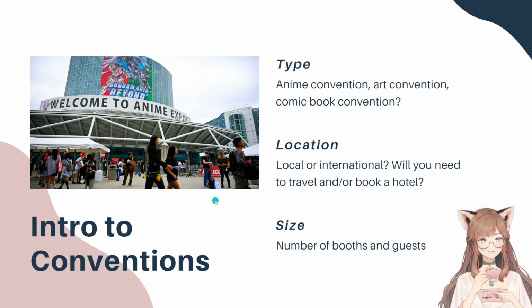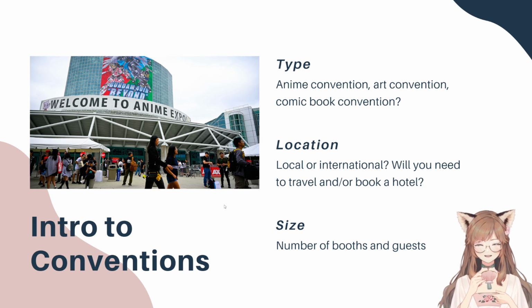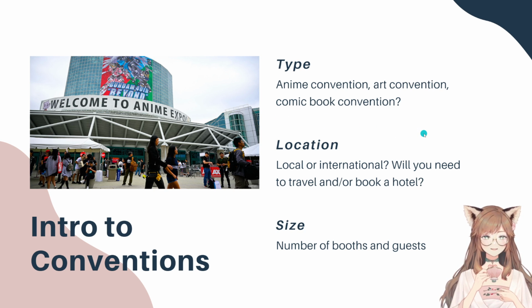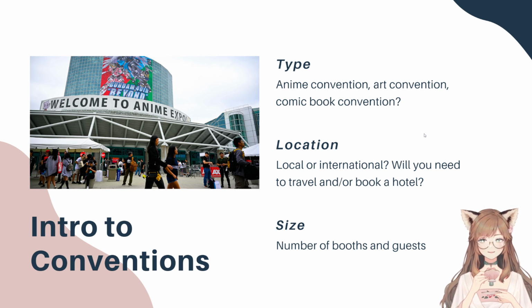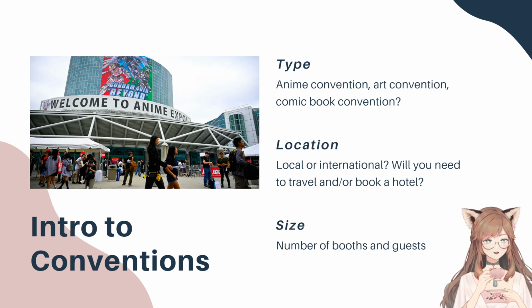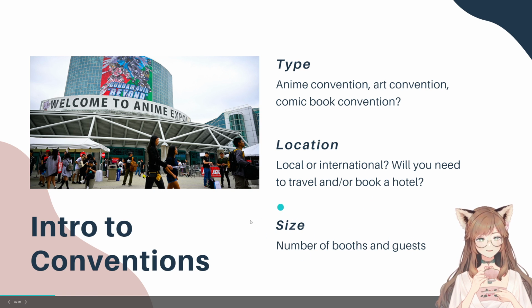When you think about tabling at a convention, I also think about the location. For example, is it in the city or town where you live, or is it far, far away in a foreign land? So you have to think about how to get there and where you'll stay as well. And of course, the size of the convention.